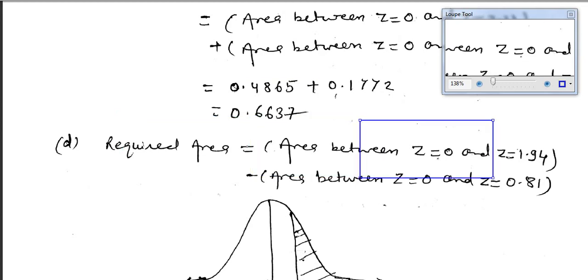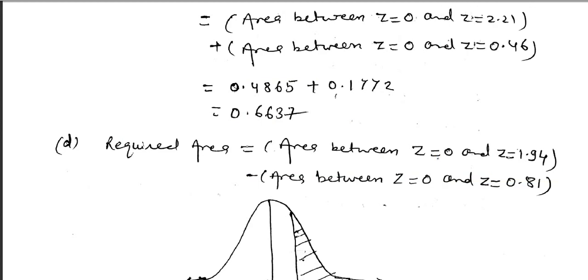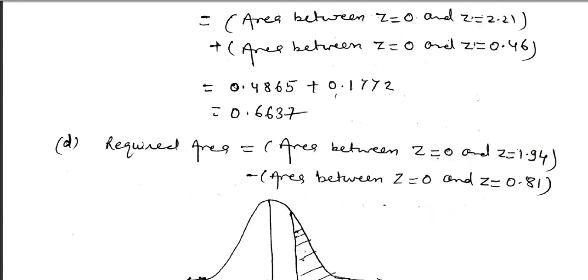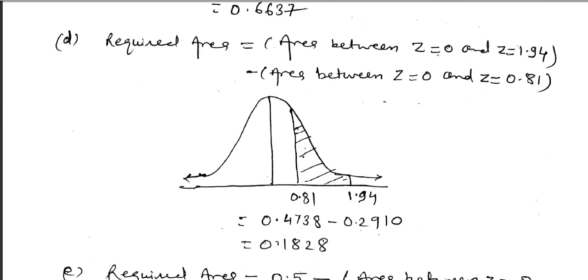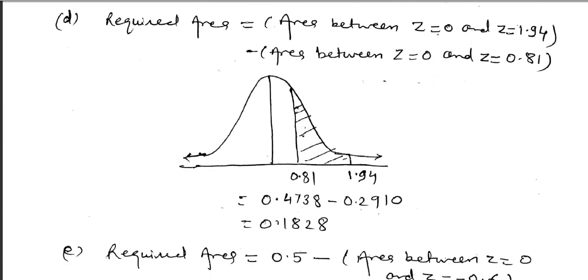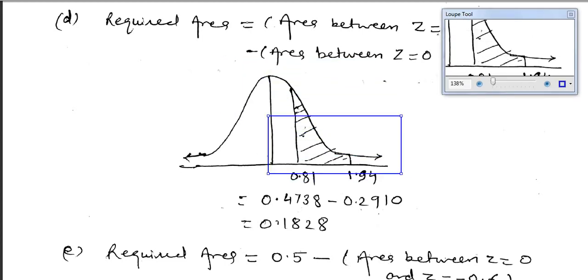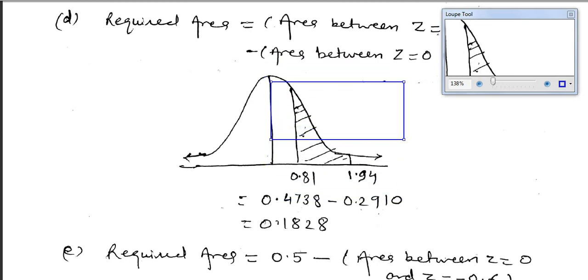Now what is the required area? Area between z equal to 0 and z equal to 1.94 minus area between z equal to 0 and z equal to 0.81. Because here in this normal distribution curve we have to find the area from 0.81 to 1.94.